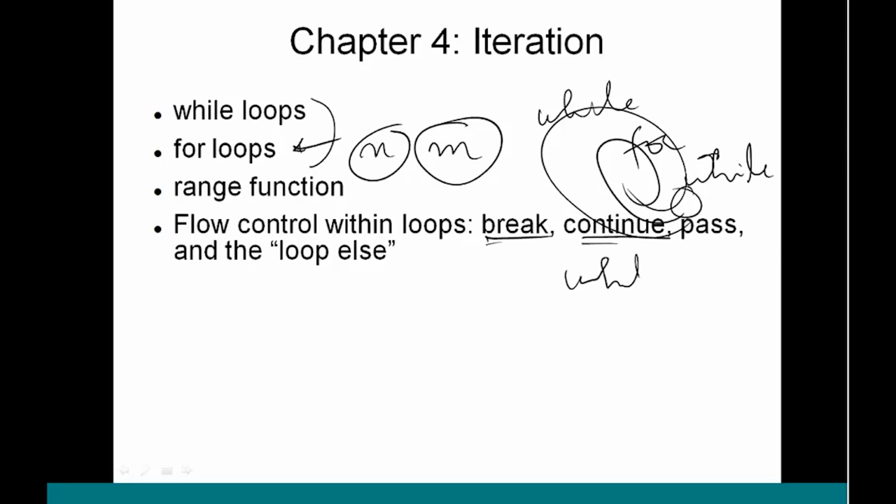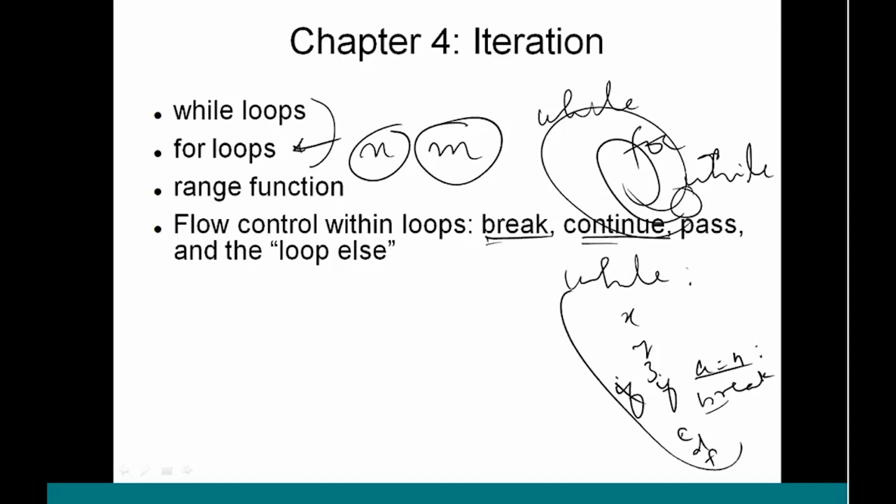So say you have a while, and then you have x, y, z, then if A equal to B, and then you have break, then you have again C, D, F. If this is your while loop, then when A equal to B happens, the loop is broken, and then the condition is retested and it goes back to here.